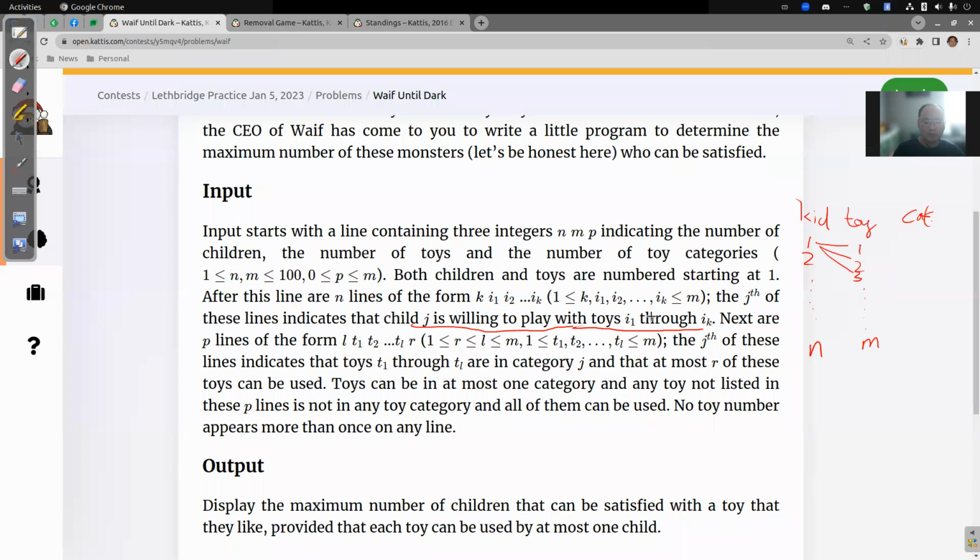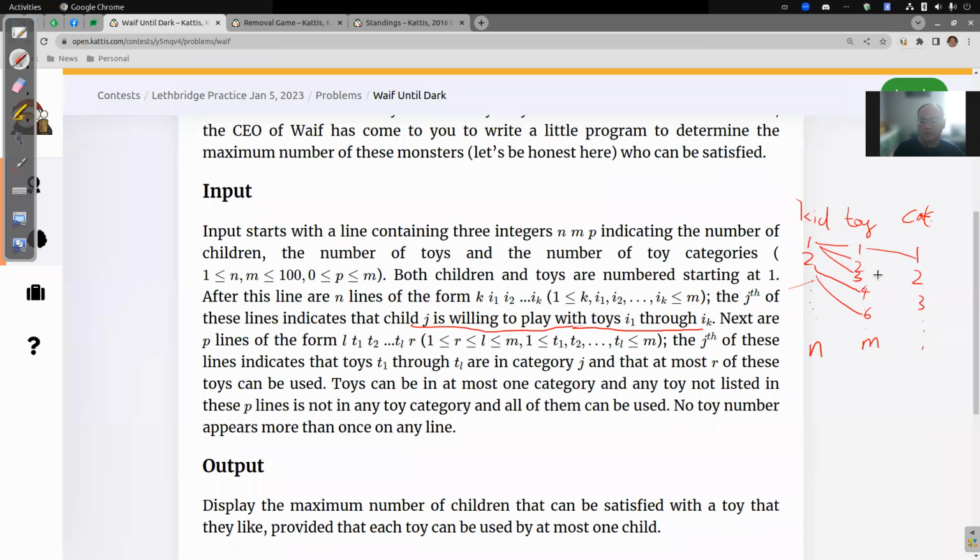These lines indicate that child J is willing to play with these toys. So they tell you which toys. Kid 2 might be only interested in playing with 4 and 6, and so on. Okay, so these kids can decide what toys they want to play with. And then the categories, so they're categories.